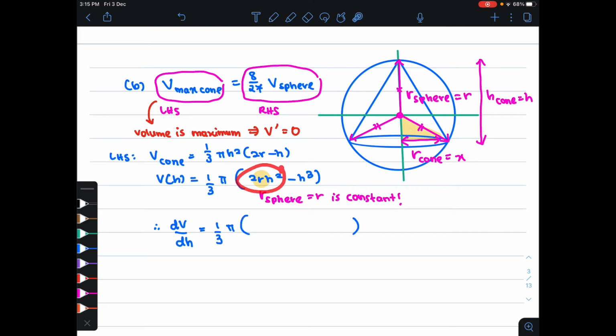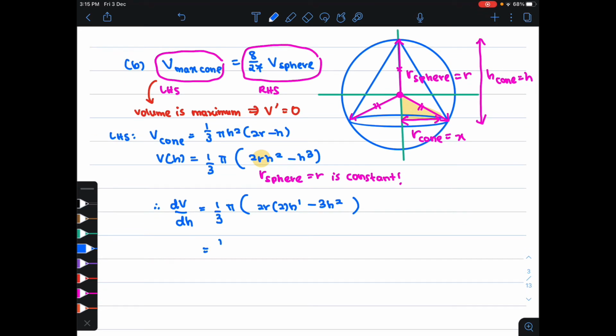So if we differentiate 2RH square, constant 2R is copied back, and we differentiate H square. So, when differentiating, we get 2 times H to the power of 1. And then, we differentiate negative H cube, and we get negative 3H square.